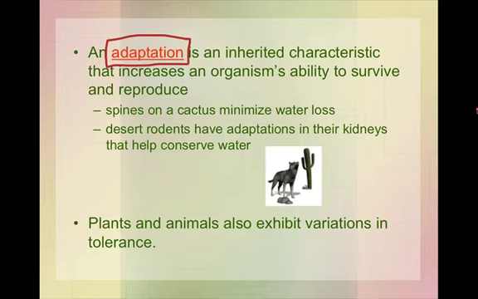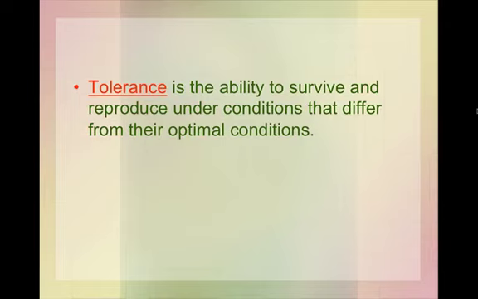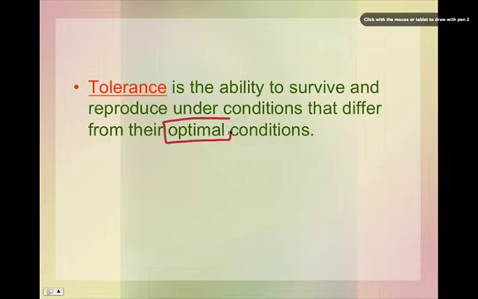So then the next question is, what is the definition of tolerance? Tolerance is the ability to survive and reproduce under conditions that differ from optimal. And optimal, this word right here, means ideal.